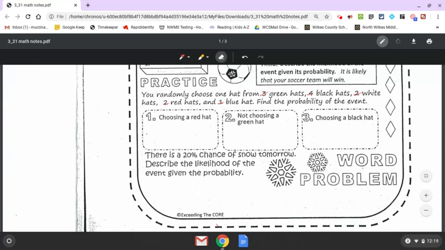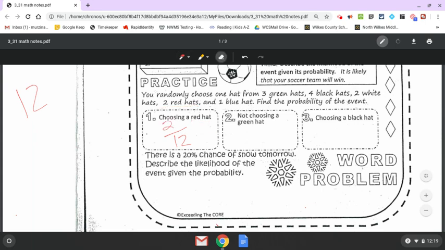Okay, so we have determined we have 12 hats total. And I would mark that over there in my margin because I might need to come back to that. So out of 12 hats, we are looking for what is the probability of choosing a red hat. Okay, well, we know that it's going to be a fraction, and 12 is going to be our bottom number because that's how many total hats we have. Okay, so we need to find how many red hats there are. Well, there are 2 red hats.